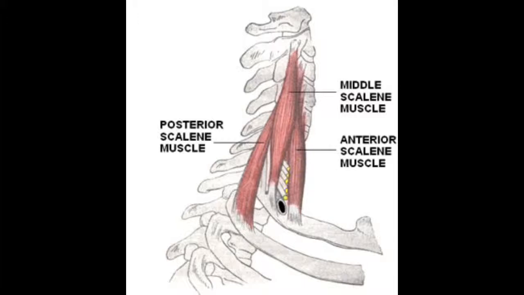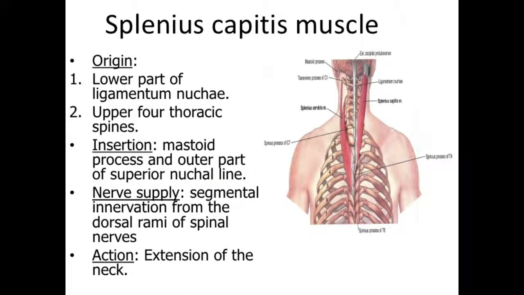The splenius capitis, its origin is the lower part of the ligamentum nuchae, and the full spinous process of T1 through T4.